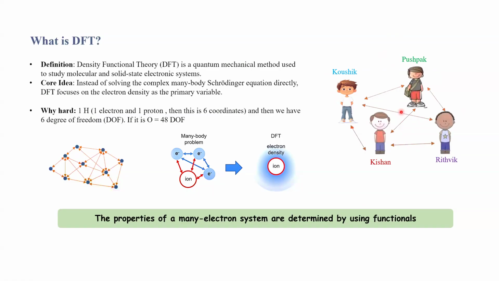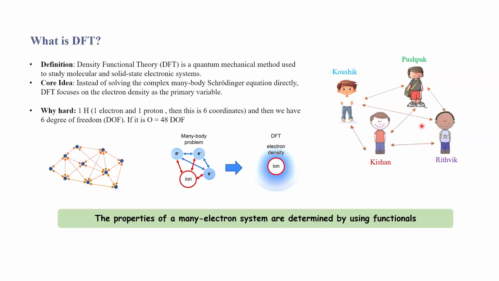Then it is quite difficult. Let's consider there are a total of 4 students, and there is some noise coming from that classroom. It is very difficult to find out, in that 100% of noise, what is the percentage of noise created by Kaushik, by Pushpak, or by Ritvik.